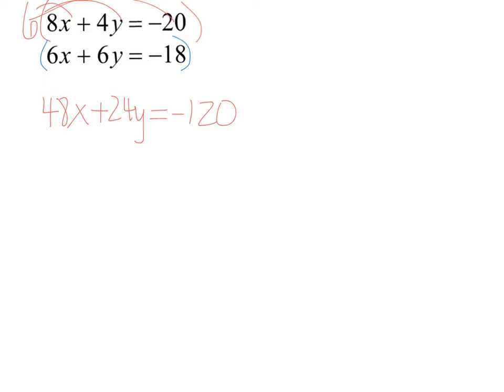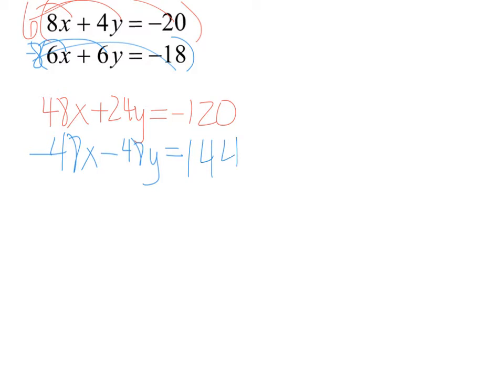Okay, multiply it by negative 8. So that way when I do that, negative 8 times 6x is going to give me negative 48x. And then minus 48y. And then negative 8 times negative 18 is positive 144.